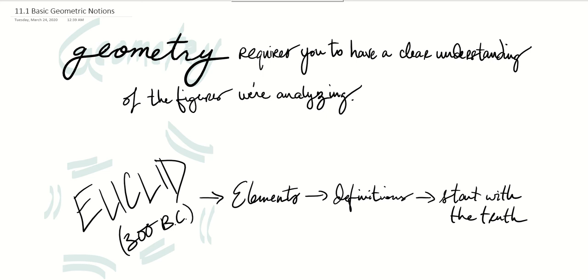And so that is how we teach basically all math, but that's definitely how we teach geometry. We say, what are the pieces? What do we know about them? And how can we use what we know to find new information?